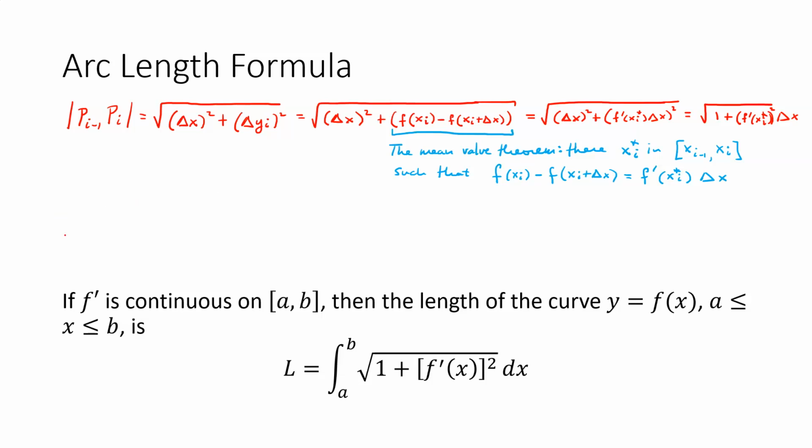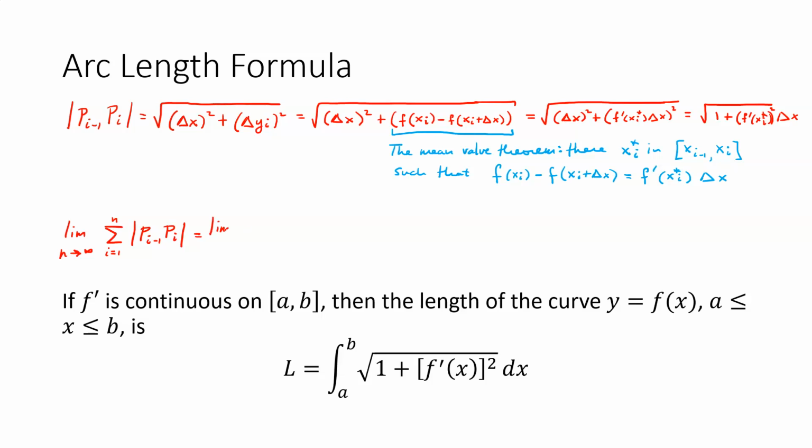So here, let's put it together. Now we're taking the limit as n goes to infinity of the sum from i equals 1 to n of these individual approximating lengths.